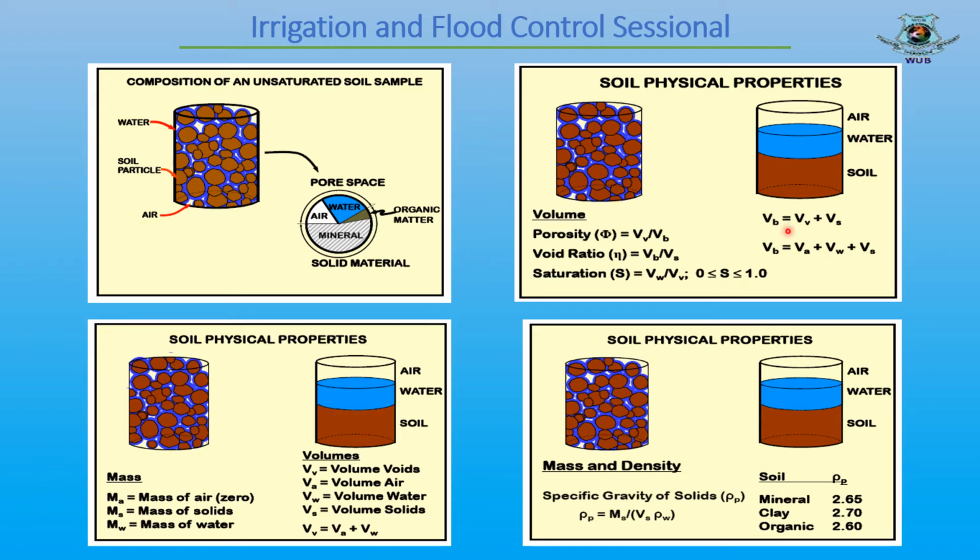Here this is Vb, that means bulk volume. Bulk volume, that means this total volume. So bulk volume Vb equal to Vv plus Vs, volume of voids plus volume of solids. We can also write bulk volume Vb equal to Va plus Vw plus Vs, that means volume of air, volume of water, and volume of solids.